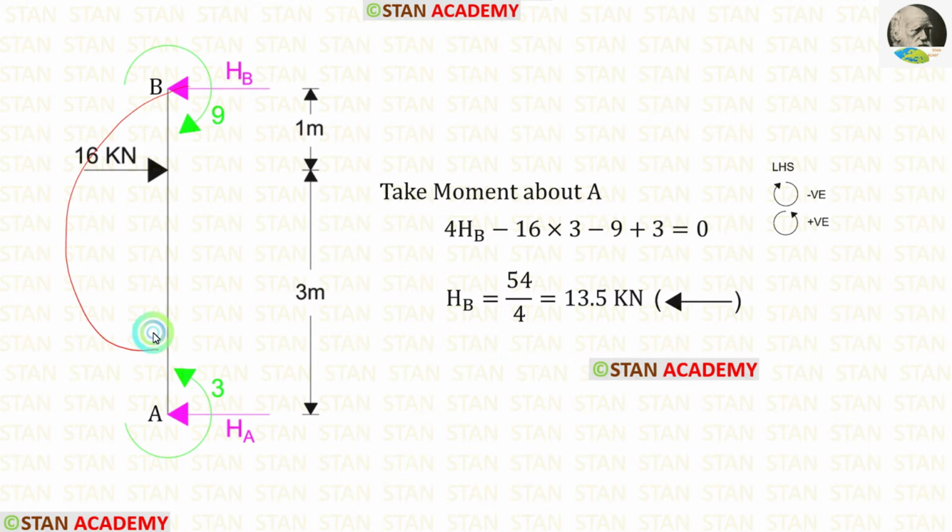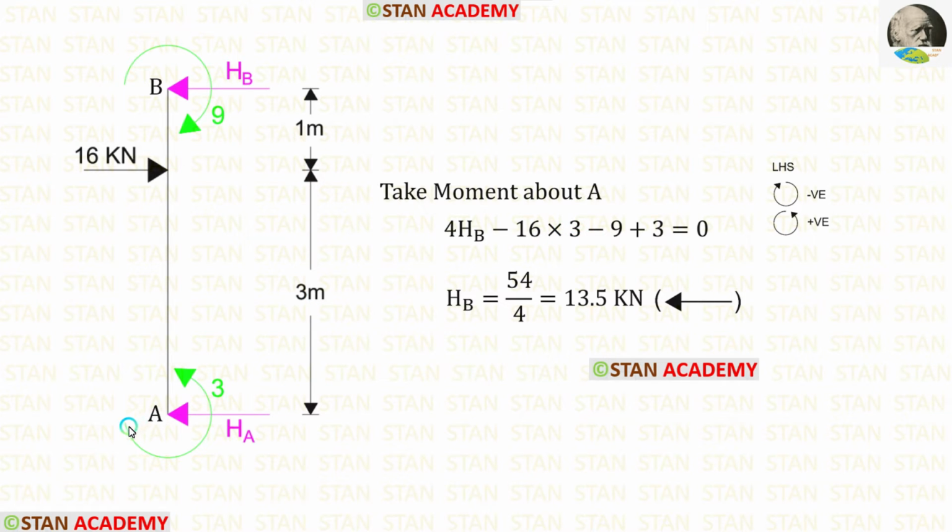HB is acting in the anti-clockwise direction, so it will be positive and the distance is 4 meter. The point load is acting in the clockwise direction, so it will be negative and the distance is 3 meter.